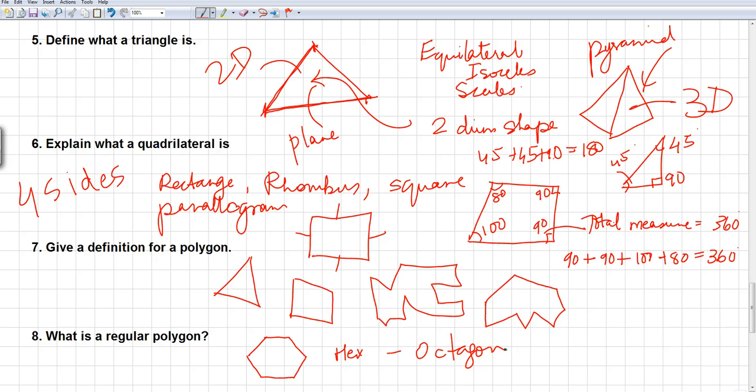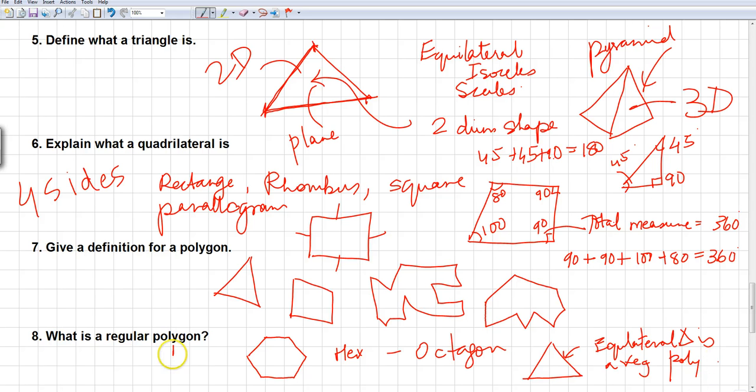It depends on the number of sides, right? Now again, an equilateral triangle is a regular polygon, but the others are not.